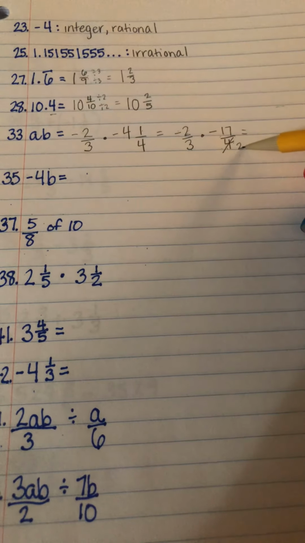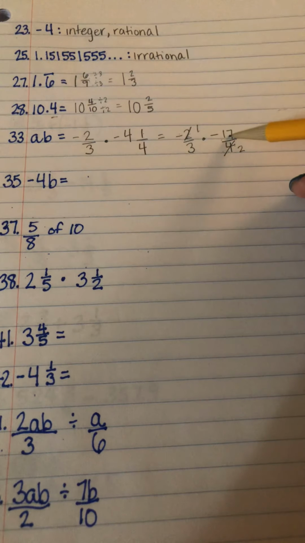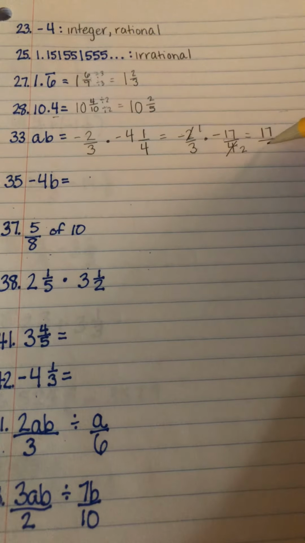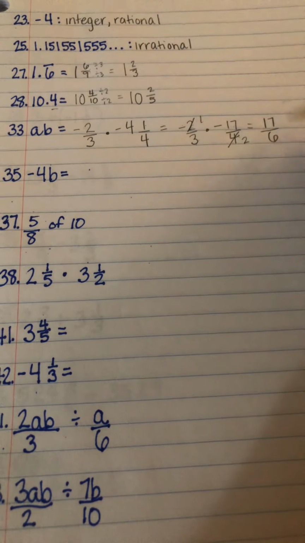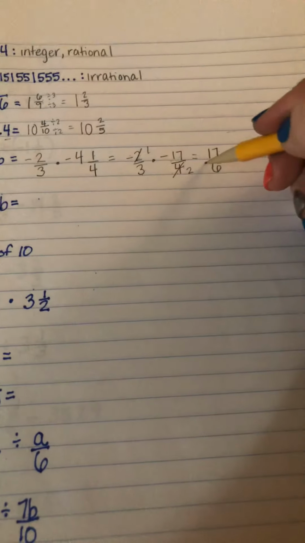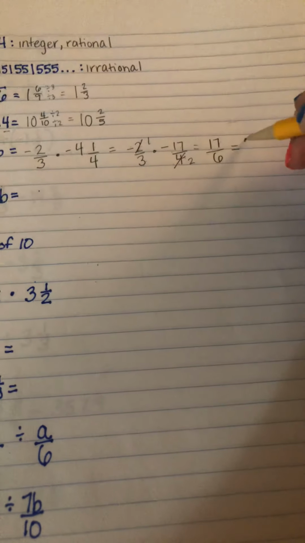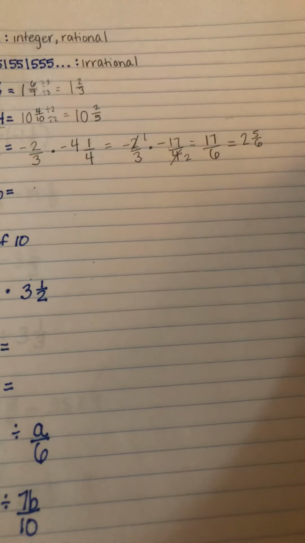This is going to be a 2. This is going to be a 1. So 1 times 17 is 17. 3 times 2 is 6. Now take that out and put it in as a mixed number. So 17 divided by 6. 6 can go into 17 2 times with 5 left over, and the denominator stays the same.